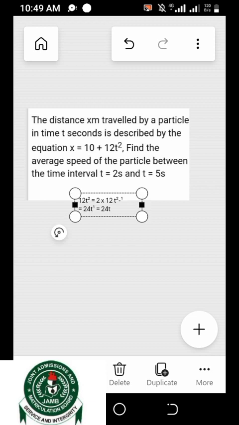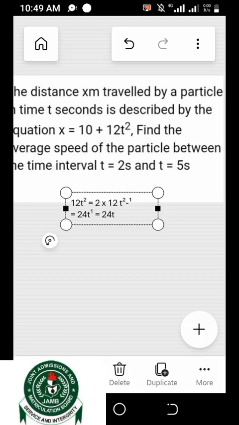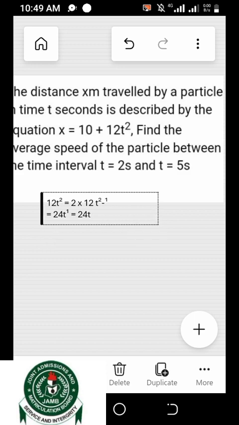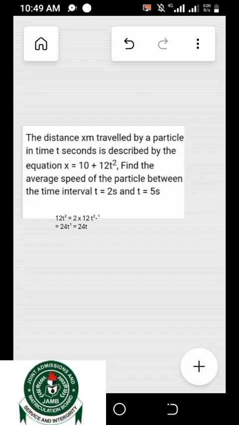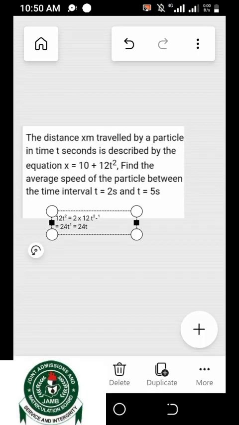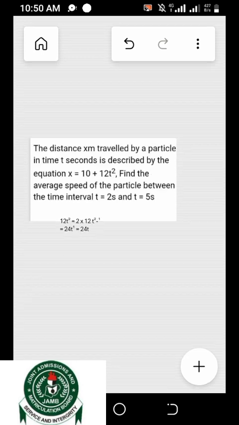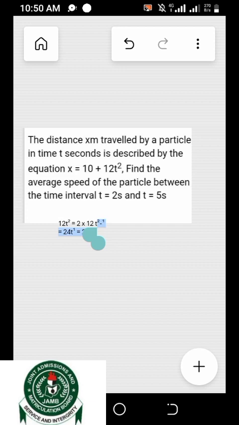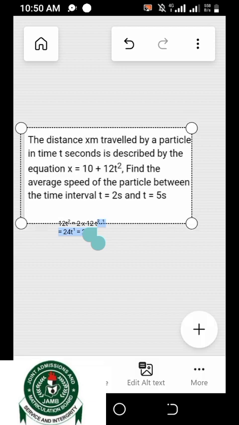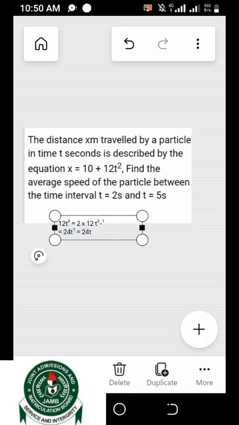Very important. So we just differentiated 12t raised to the power of 2, and our x right now will be equal to 24t. Take note.